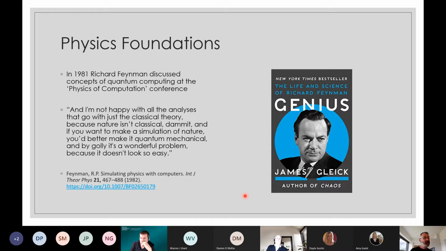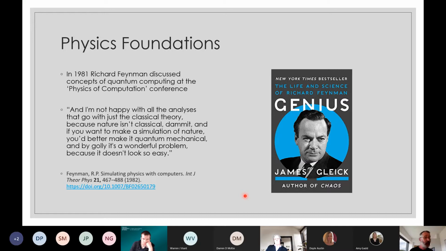Over the next 50, 60 years, there were masses of development in quantum mechanics and a better understanding of how it actually made the world work. But in 1981, there was a conference on the physics of computation, and invited to that was Richard Feynman, the famous Nobel Prize winning physicist, who talked about computation and actually touched upon the need for having quantum computation to model the real world.